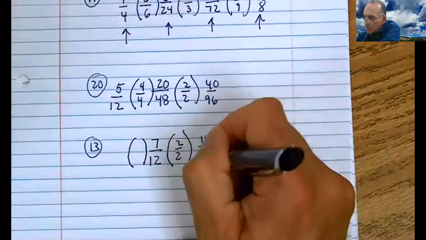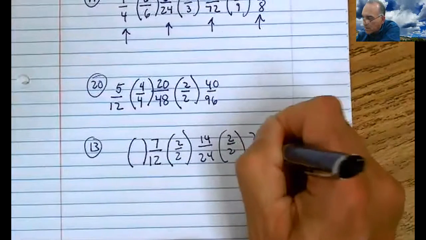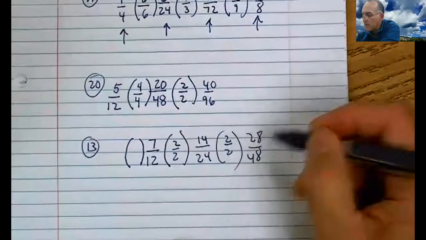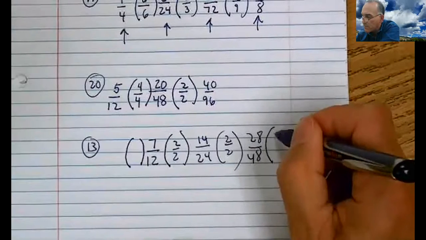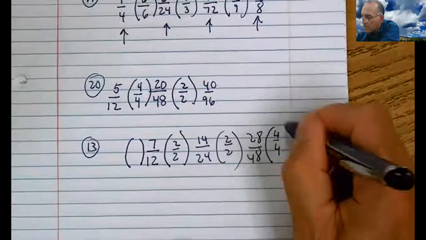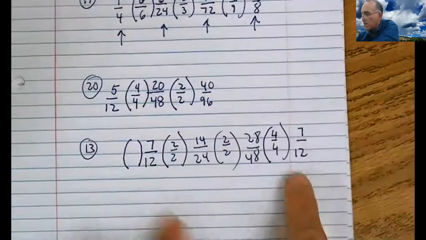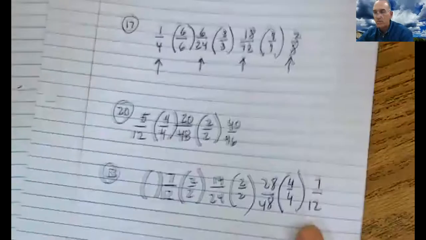I have 14/24. I could multiply by 2 again if I wanted to. You guys see them? What happens if I divide by 4? I end up right back where I started. So do you see the equivalent fractions?